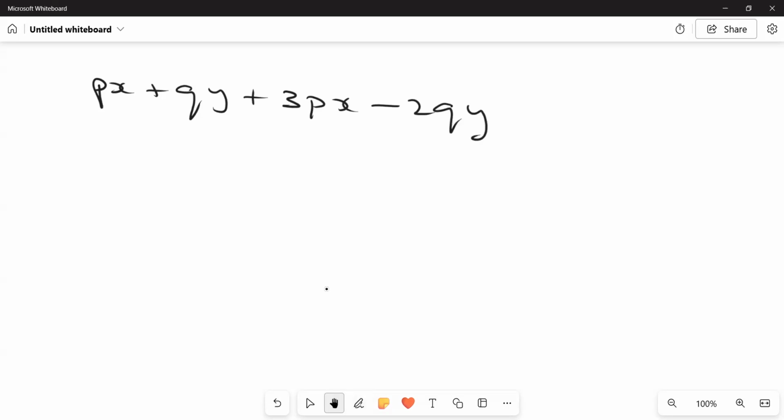So look at this. You have to factorize something like this, right? The method you will use is, you group the like terms, or you factorize by grouping, right? So look at this. You see px and px common, qy and qy common, right?